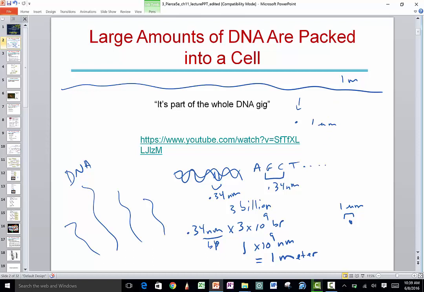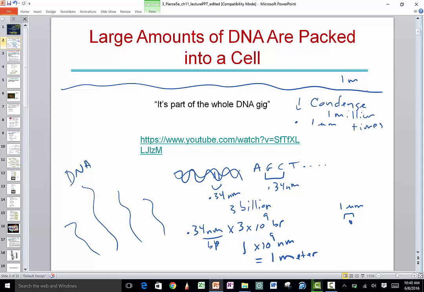That means we have to condense this DNA on the order of 1 million times. That's because a meter is 1 million times bigger than a micrometer.